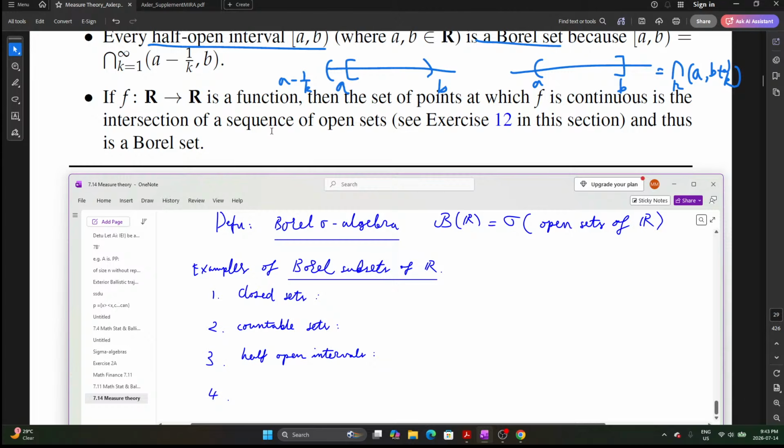Four, let's try to summarize in one sentence: the set of points at which f is continuous, the points of continuity of f from R to R, is a Borel set. And that's exercise 12.